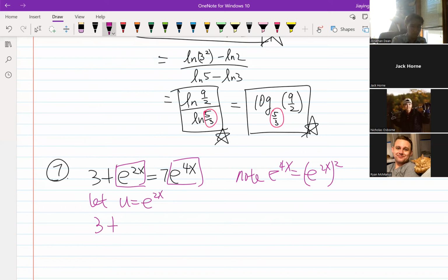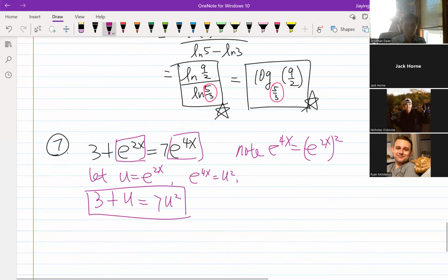So I get 3 plus u equals 7u squared, because e to the 4x is u squared. And now we just end up with a quadratic equation we can solve.